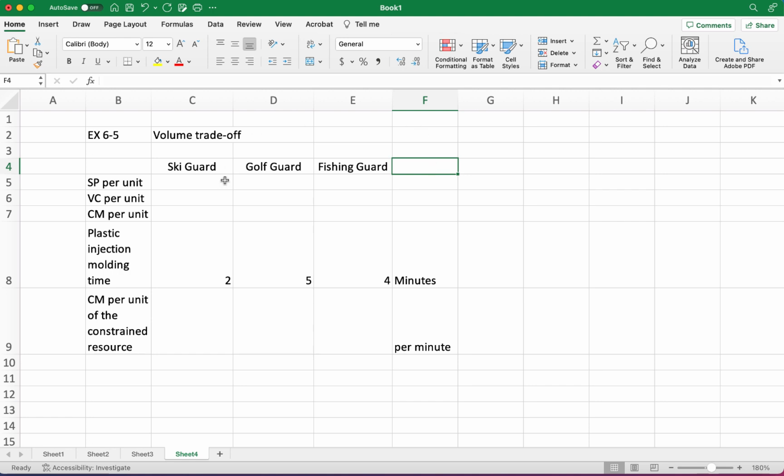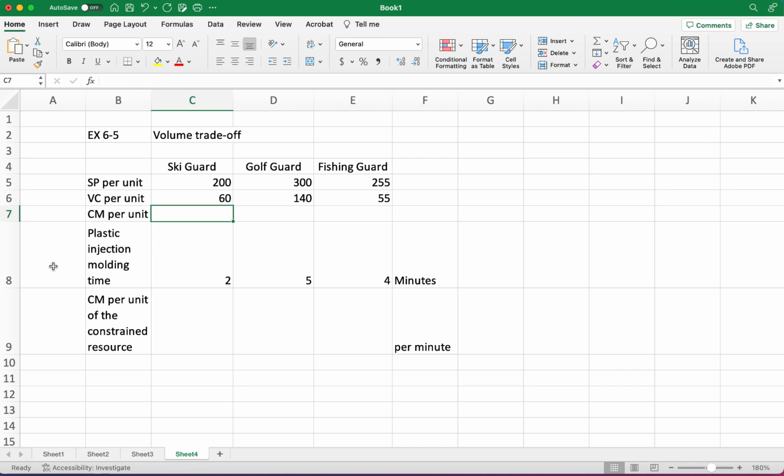As you can see in the book, the selling price for the ski guard is $200, the golf guard is $300, and the fishing guard has a $255 selling price. Now, the variable cost per unit for the fishing guard is $60, the golf guard is $140, and the variable cost associated with making one ski guard unit is $55.